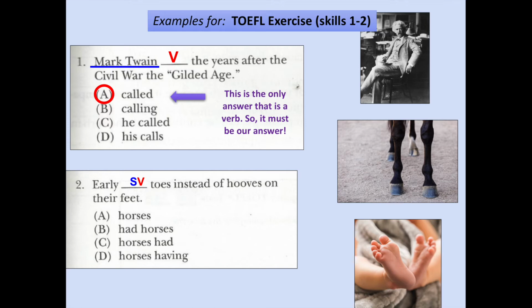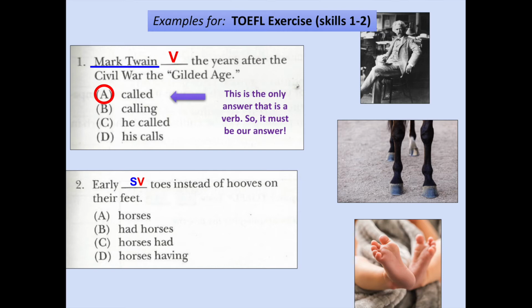So for number 2, the sentence is missing both a subject and a verb. So we need to choose the answer that has a subject and verb. So let's look at the answers and eliminate the obviously wrong answers.